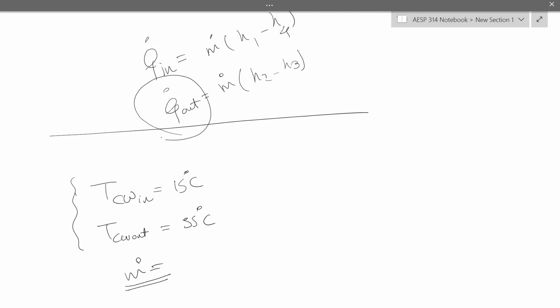We say that Q out is equal to the mass flow rate of the coolant water times the specific heat of water times the change in temperature of water. That's something you can definitely do, but the only thing needed here is the specific heat of water. You can assume it's just a regular specific heat, because the temperature is only 15 to 35 degrees Celsius. So we can just use the specific heat of liquid water we always use. Does anyone remember the value for it in SI?